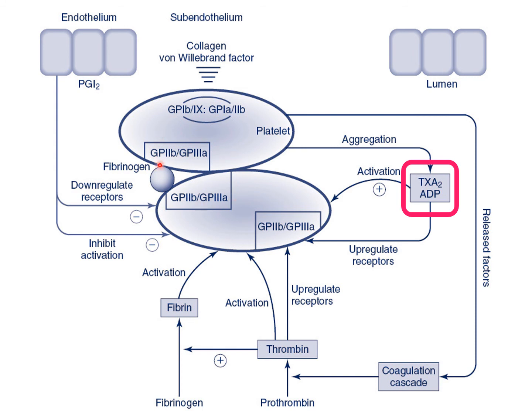So if these receptors are not downregulated, then they will be present on the surface. Okay, so if you don't turn these down, then the on switch is turned on. The platelets will aggregate, and when they aggregate, they will release pro-aggregation factors. That is to say, one of them is thromboxane and ADP.